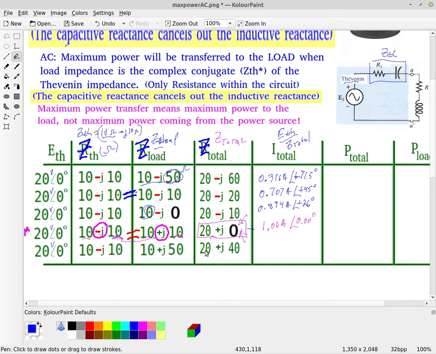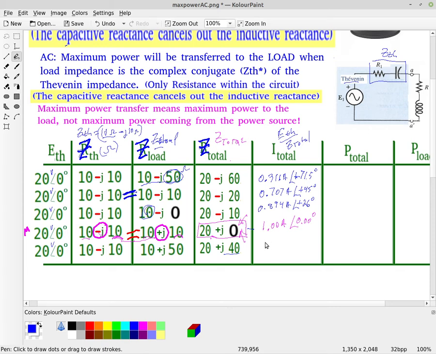And then in our final example, the impedance was 20, and then the reactances minus J10 plus J50 with a plus J40, so 20 plus J40 for our total impedance.